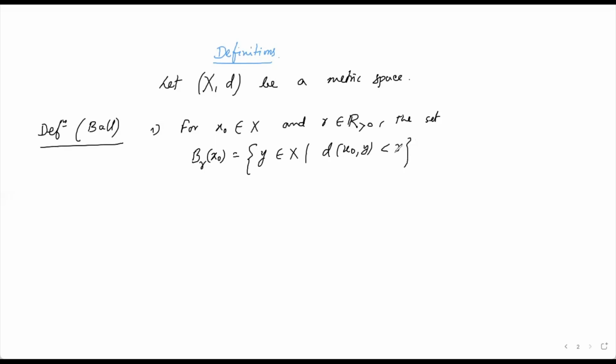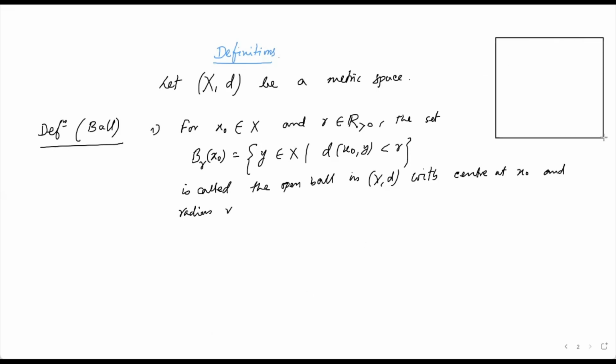And this is called the open ball in the metric space (X, d) with center at x naught and radius r. Pictorially, this is like the following.